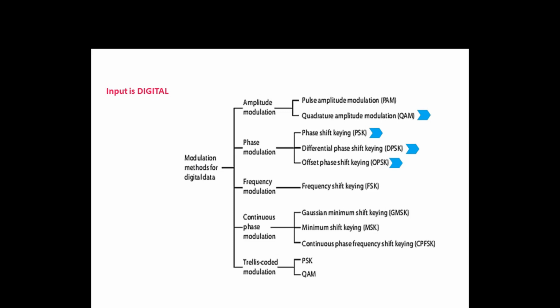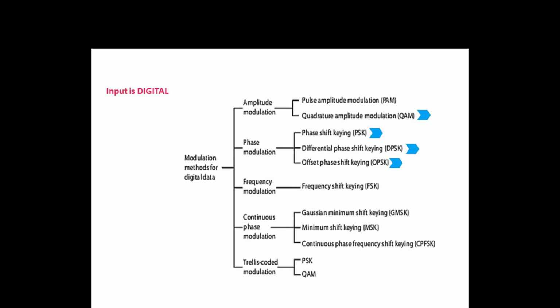Amplitude modulation can be classified as pulse amplitude modulation and quadrature amplitude modulation, simply said to be QAM. Phase modulation is divided into three types: phase shift keying PSK, differential phase shift keying DPSK, and offset phase shift keying OPSK.